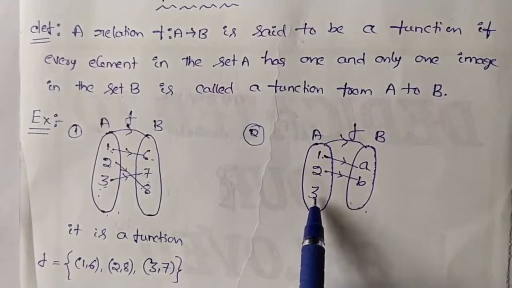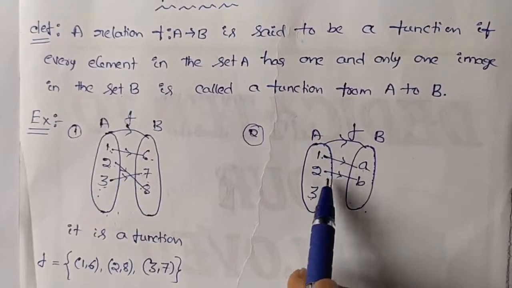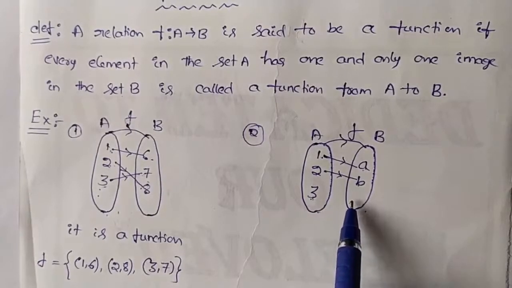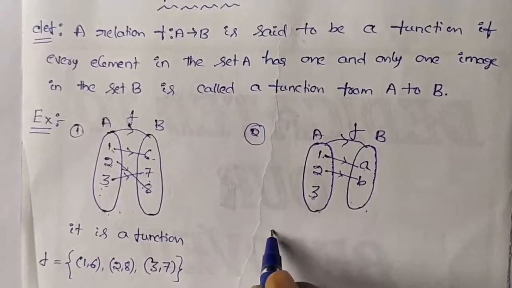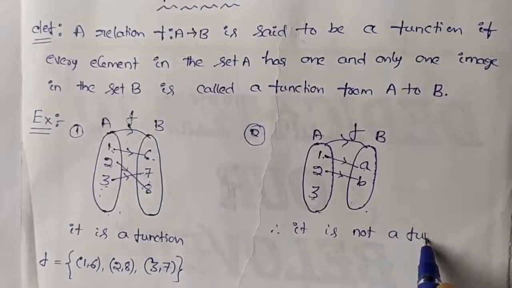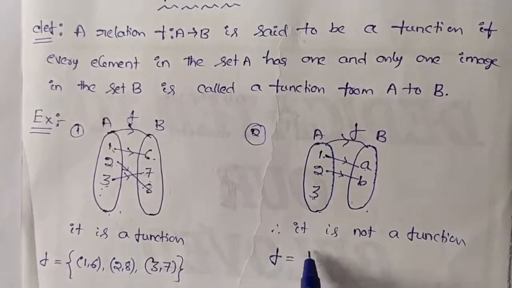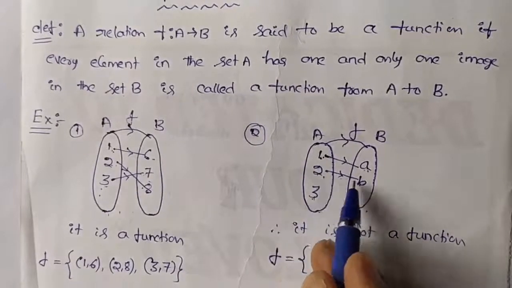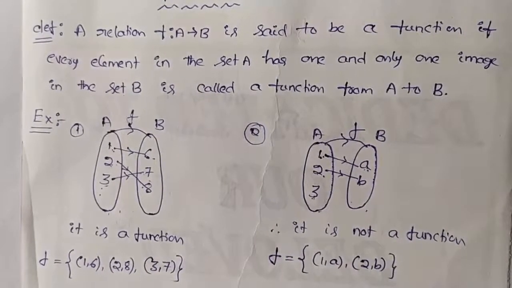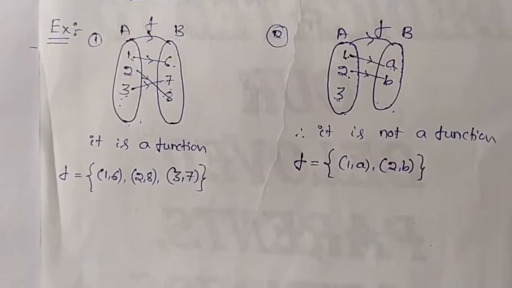No, it is not a function because 3 has no image in the set B. Let us write this in roster form. Relation F equals {(1,A), (2,B)}.